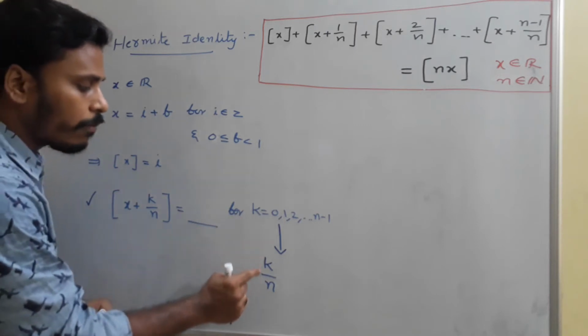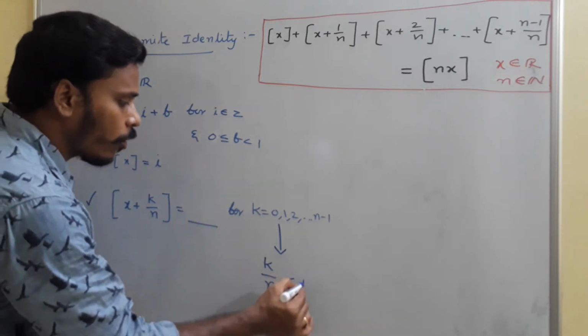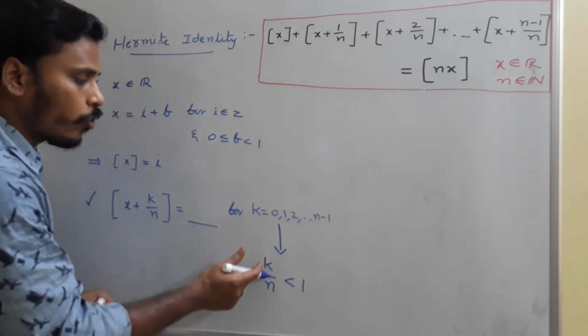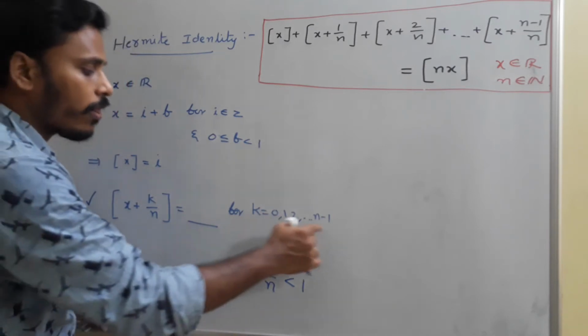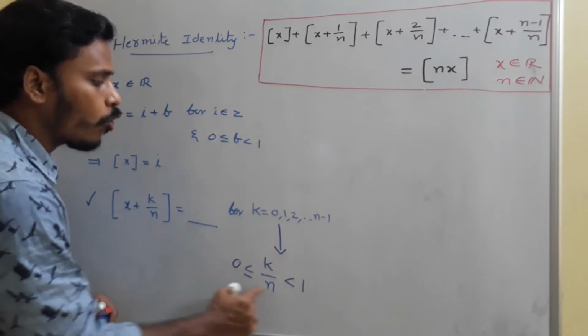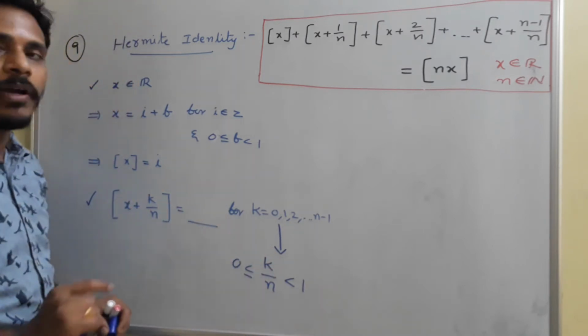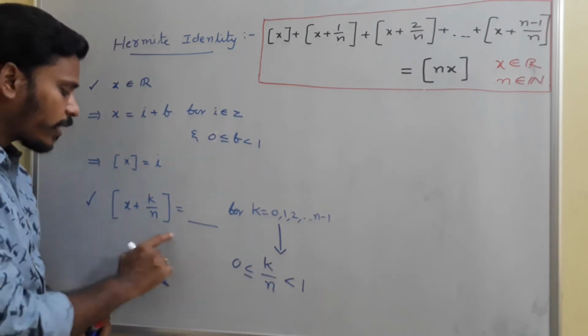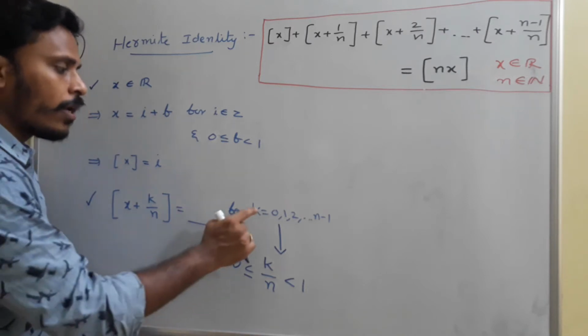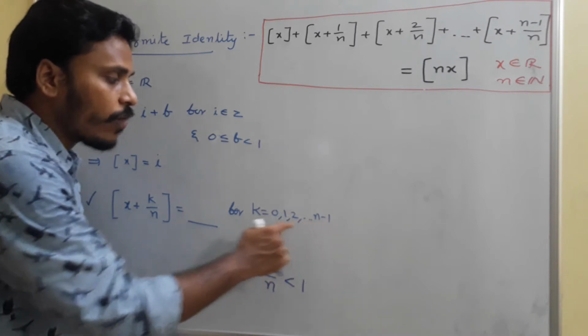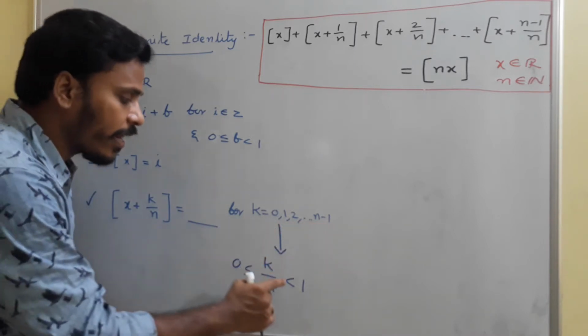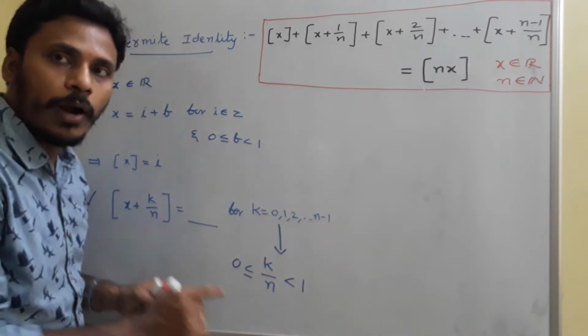So a smaller number divided by the larger number is always less than 1. And if you take k as 0, it may be equal to 0. For all the remaining numbers, this k by n value also lies in between 0 and 1. So since we are thinking about x plus k by n for k equal to 0 to n minus 1, k by n is again a number which is in between 0 and 1.